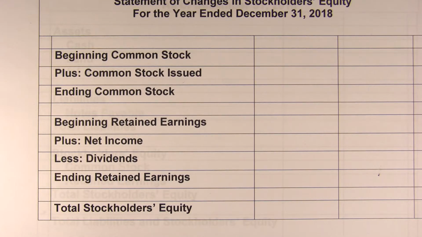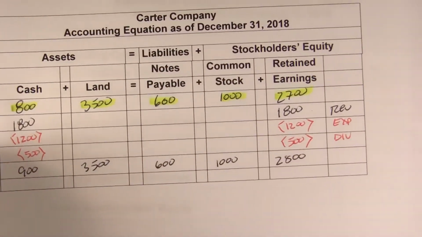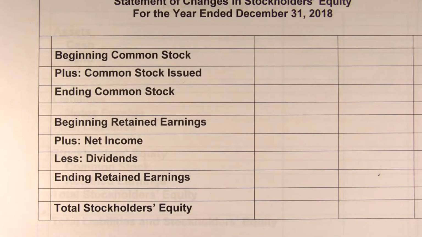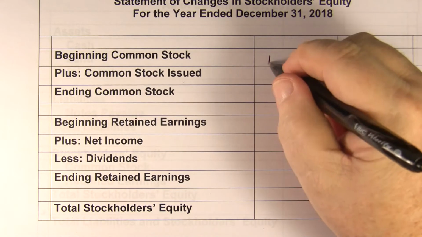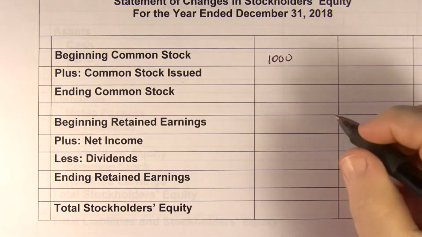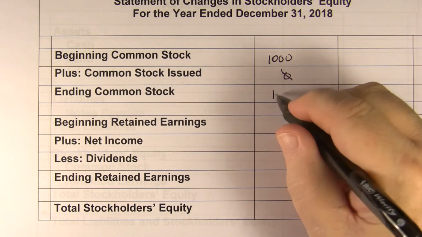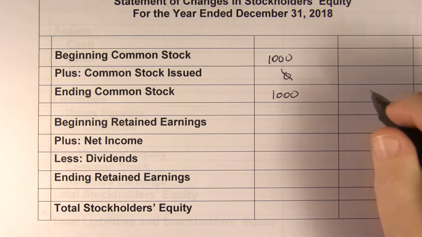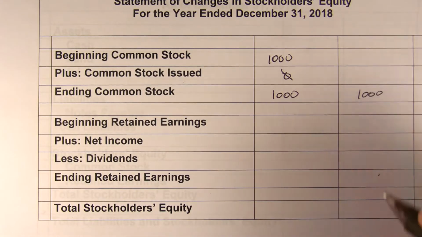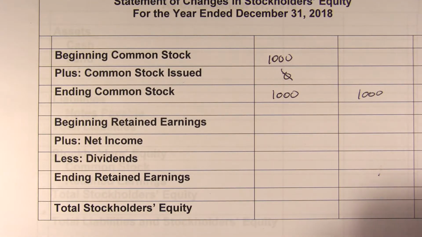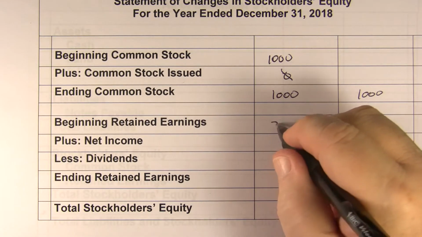Okay, so our beginning common stock, if you remember, going back to this, it's $1,000. We issued no common stock, so our ending common stock is exactly the same as we started, $1,000. Now, retained earnings, we do have some, because we had beginning retained earnings of $2,700.